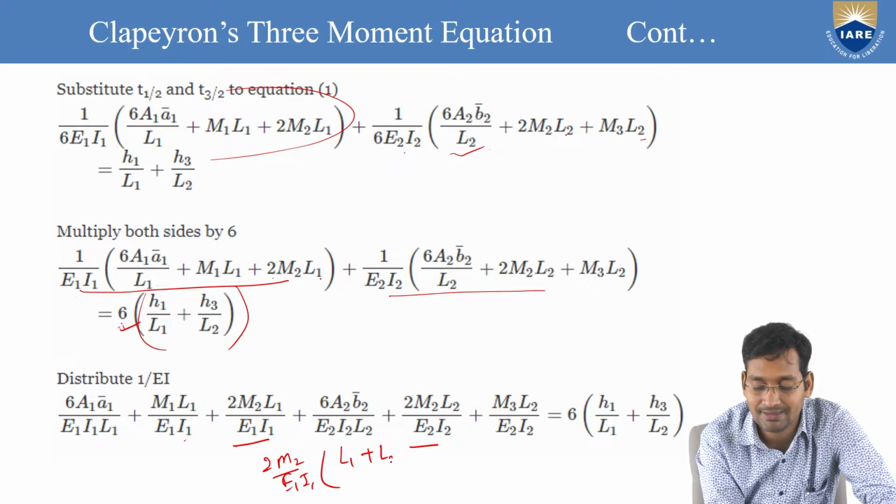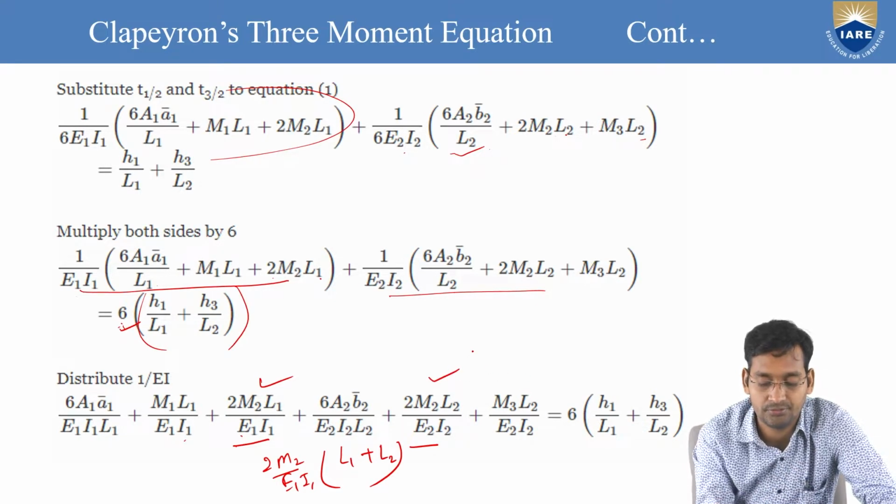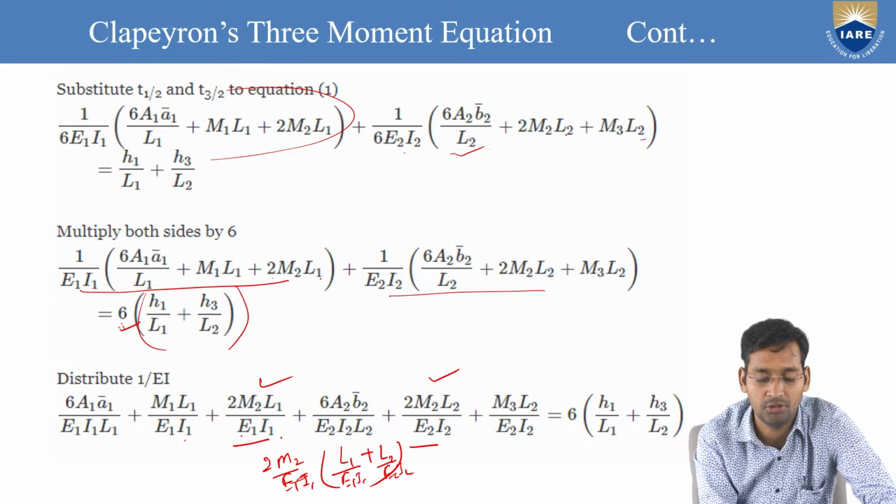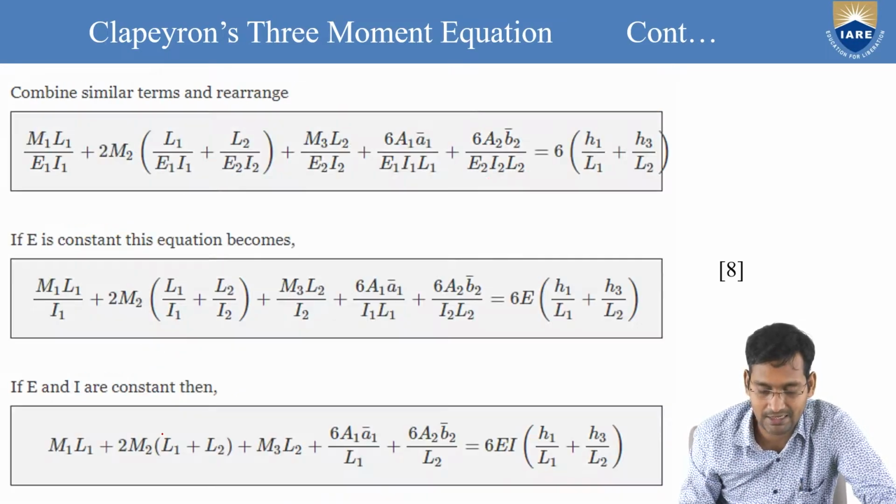L1 by E1 I1 plus L2 by E2 I2 from this term and this term. We just took 2M2 common, and there is nothing else common, so we cannot rearrange further.